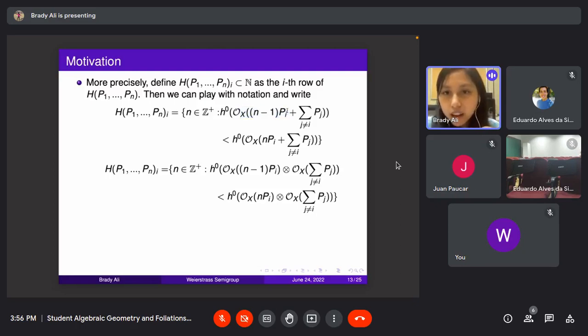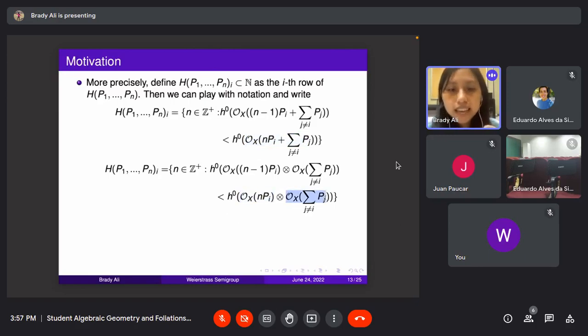Now this sheaf is equal to the tensor product of these two sheaves. And equally, this sheaf is equal to the tensor product of these two other sheaves.